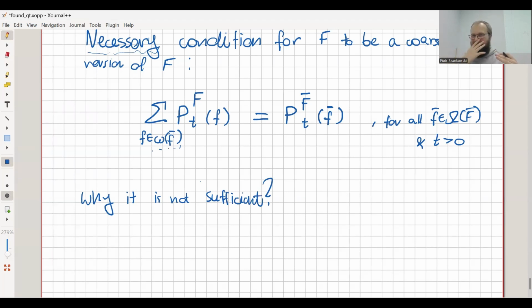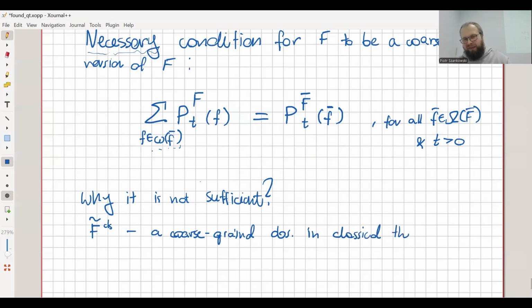But we learned previously that there is only one elementary observable in classical theories. So a coarse-grained measurement cannot be this elementary observable for sure. The coarse-grained observable would have to be some function of the fine-grained observable, right? So let's denote it F tilde, the coarse-grained observable in classical theory.